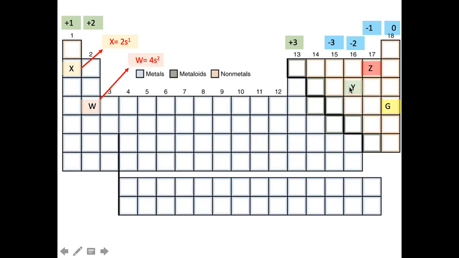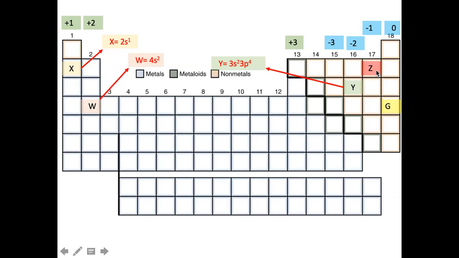Next, how about the Y? Y would be 3s2 and 3p4. Y, 1, 2, 3, right? So we're gonna have a third main energy level, p1, p2, p3, p4. So it will end up in 3s2, 3p4. And 2 plus 4, these are in group 6A.